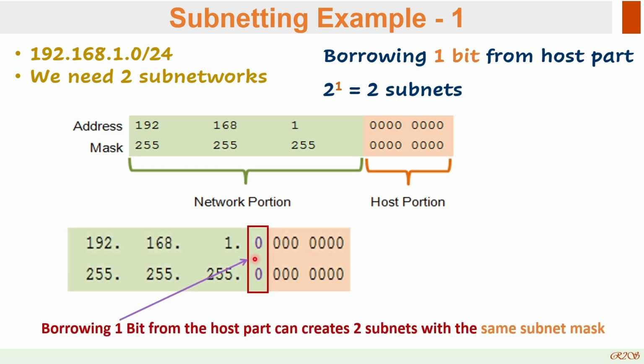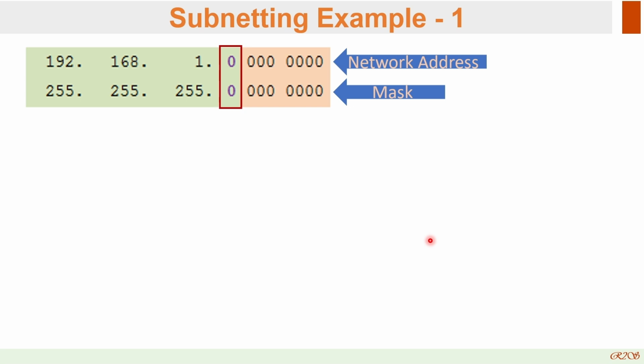So now we borrow 1 bit for subnetting. We had 24 bits previously for the network address, and now we borrow 1 more bit, so the network or prefix length is now 25. The network address is 192.168.1.00000, and the mask was 255.255.255.